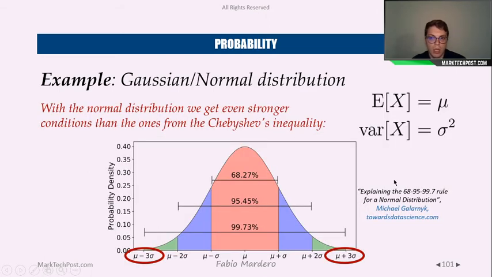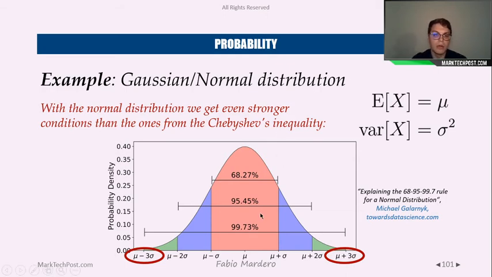But with the normal distribution, we get an even stronger condition than the one from the Chebychev inequality. Remember that we have seen that in the Chebychev inequality, to get 99% of the distribution, we have to go at least 10 times the standard deviation far from the mean.